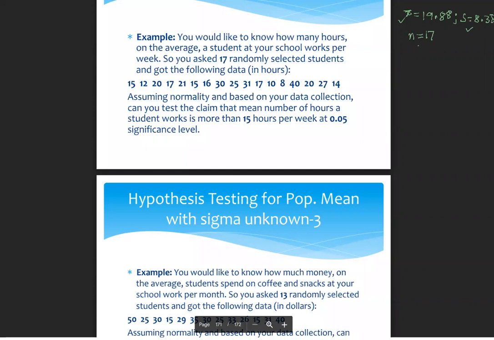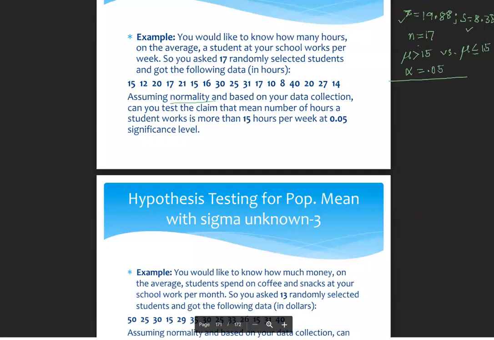Assuming normality, that means you are assuming bell shape. Test the claim that the mean number of hours students work is more than 15 hours. So you're testing either mu is greater than 15 versus mu is less than or equal to 15. And your alpha is 0.05.